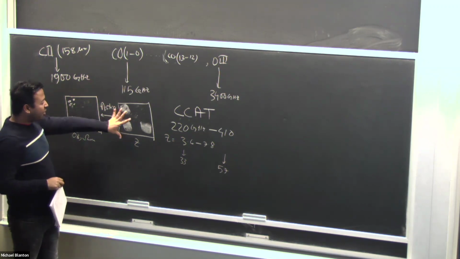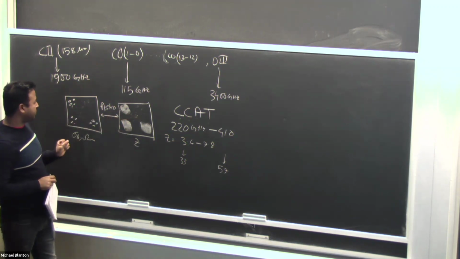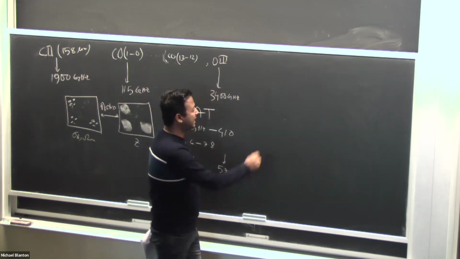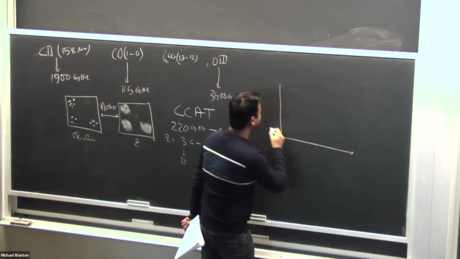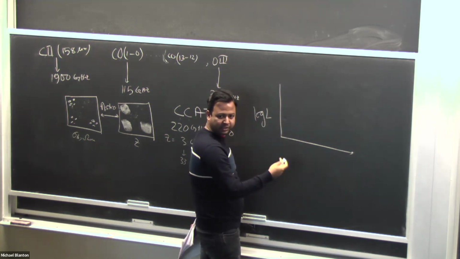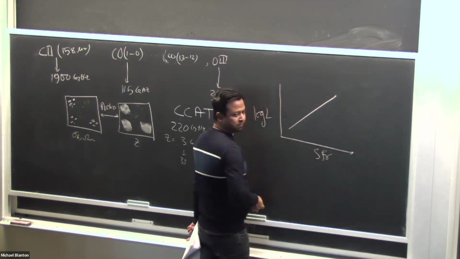Now, to model the line intensity for a particular halo catalog, what we typically do is assume that the line luminosities are related to the star formation rate, and it can behave like a power law.